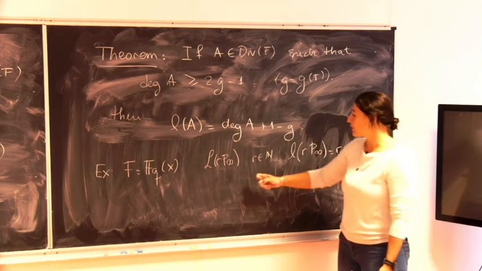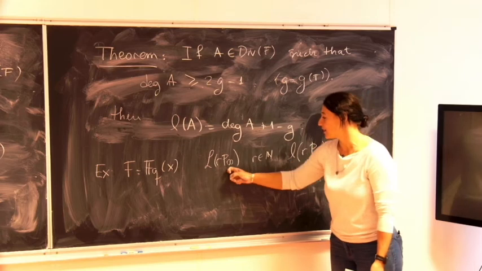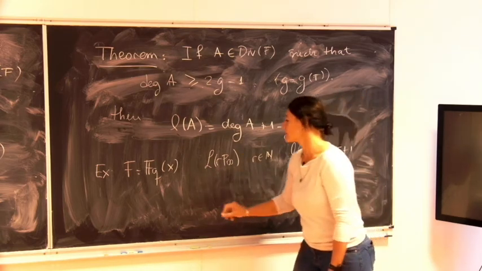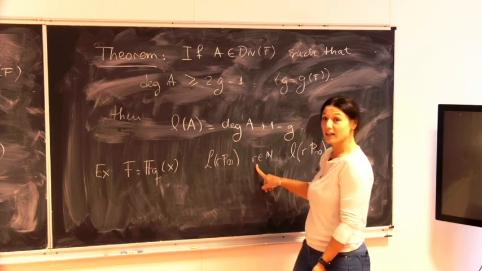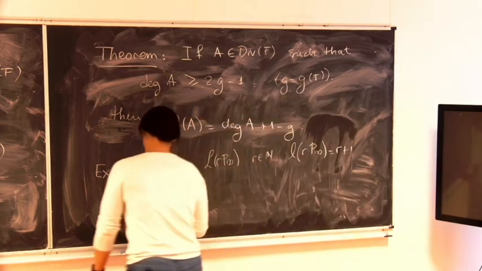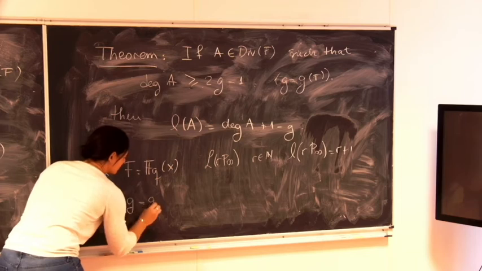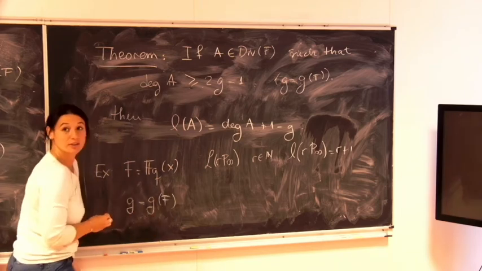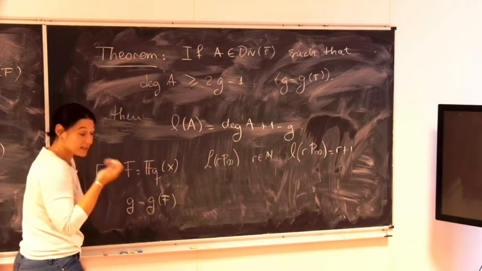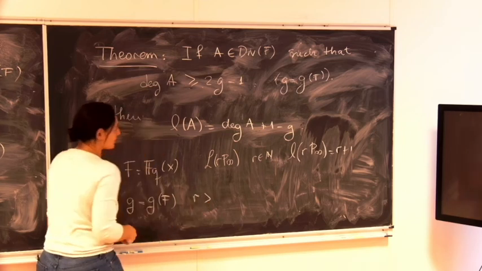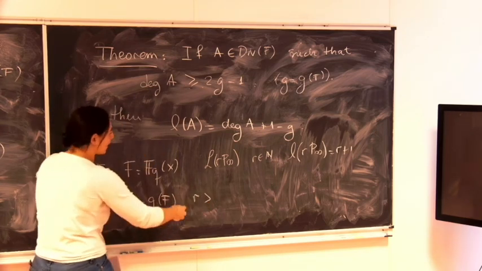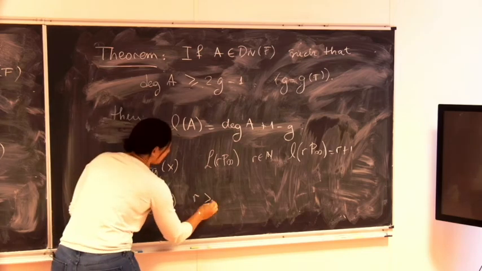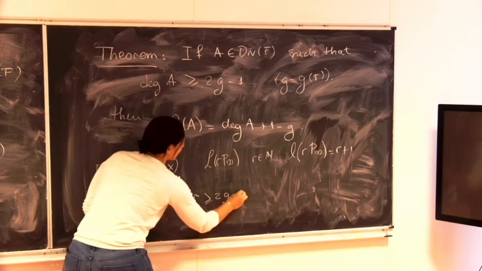And so for this special divisor, the theorem says that if I pick R big enough, so let g be the genus of F, and let's assume that R is bigger or equal than 2g minus 1.